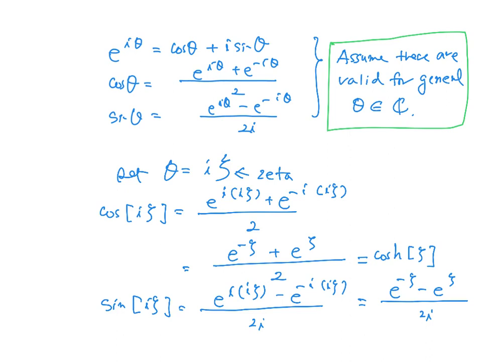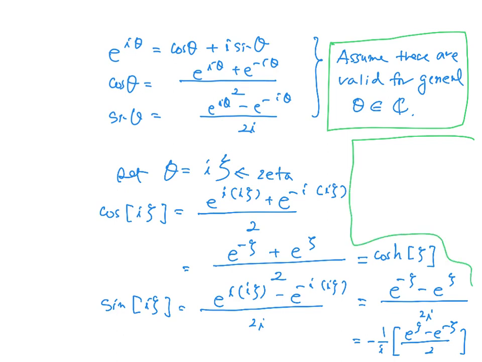So it's the same as minus 1 over I times exponential zeta minus exponential minus zeta over 2.